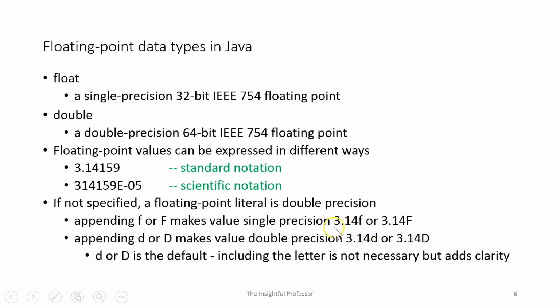And again, we give a couple examples here, 3.14F, 3.14D. The values represented are essentially the same, but the precision or the accuracy is different, being single precision or double precision. If we were to simply use something like we were showing here, 3.14159, and we were silent as to whether this was single precision or double precision, as noted at the bottom of the current slide, it would default to double precision. So we want to be careful about that.